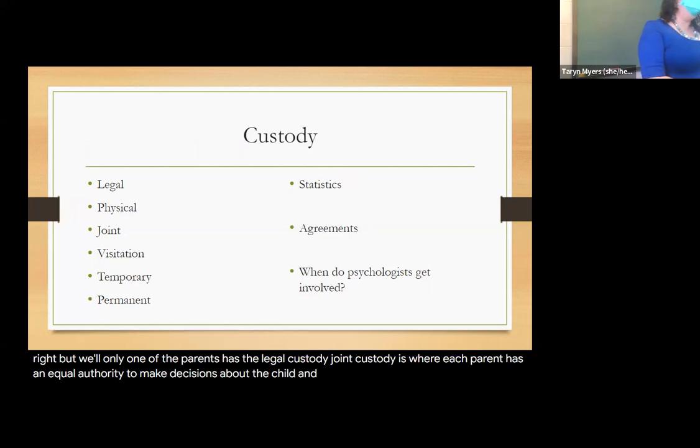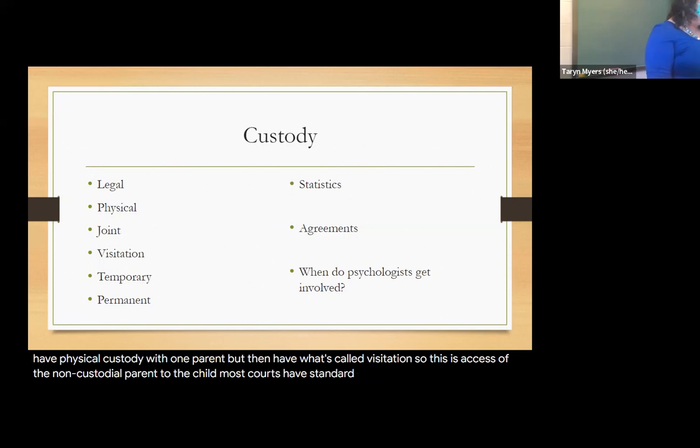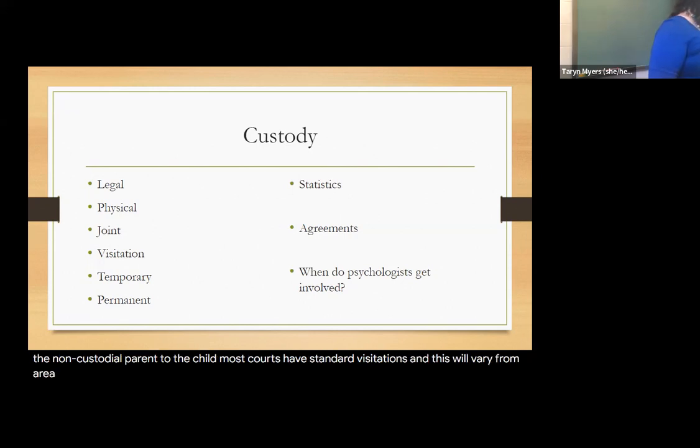And it's possible to have the child primarily have physical custody with one parent, but then have what's called visitation. So this is access of the non-custodial parent to the child. Most courts have standard visitations, and this will vary from area to area to sort of what the judges like.